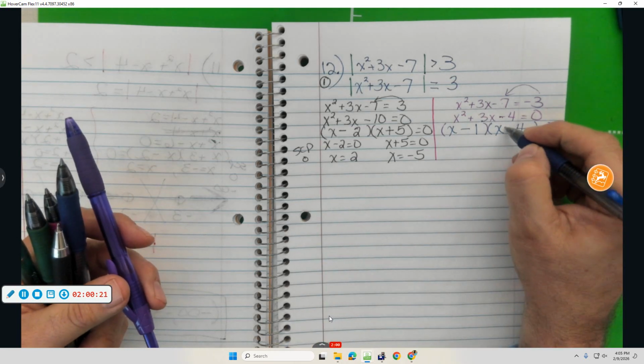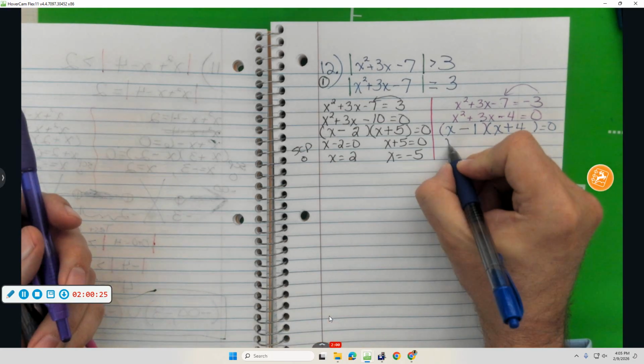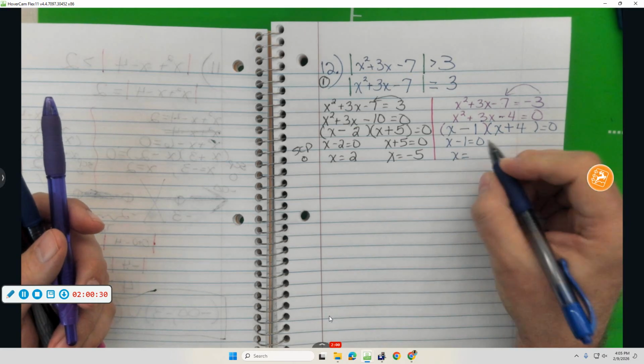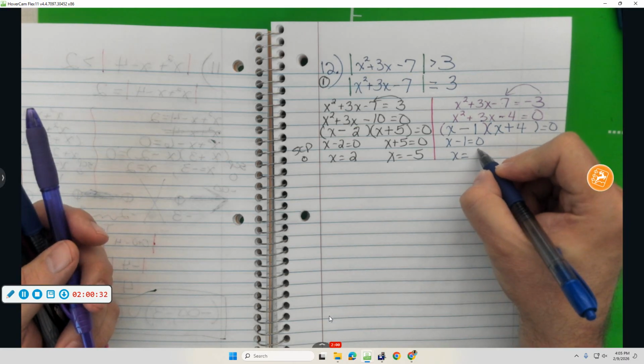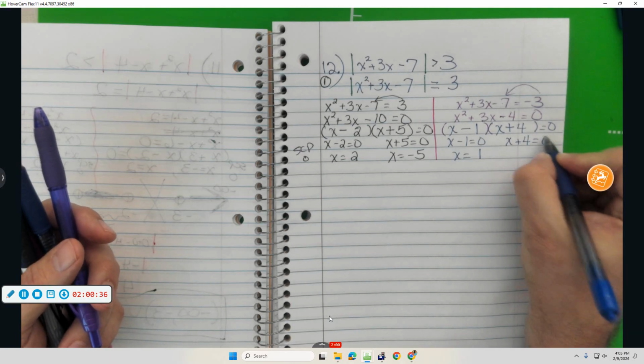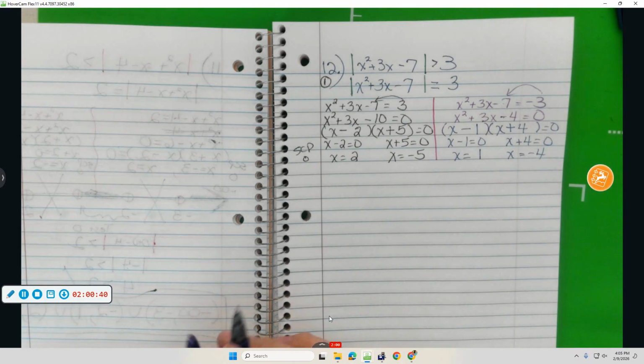Minus 1 and plus 4. Okay. Setting each one of these equal to 0. The first one we get is x equals positive 1, and the second one, x equals negative 4.